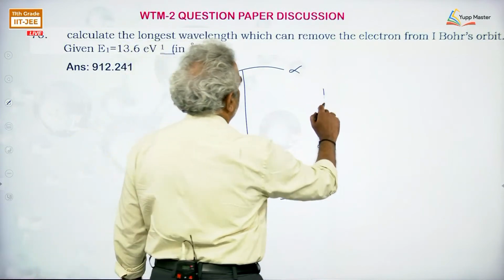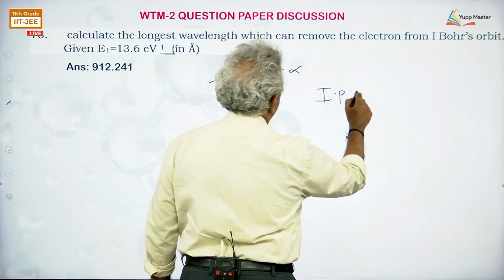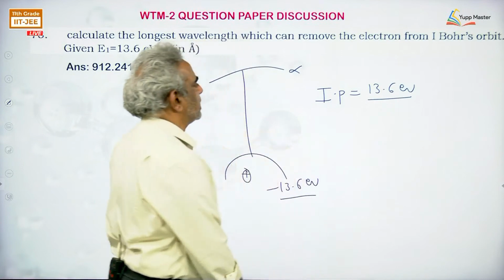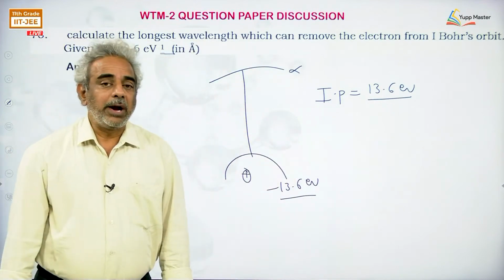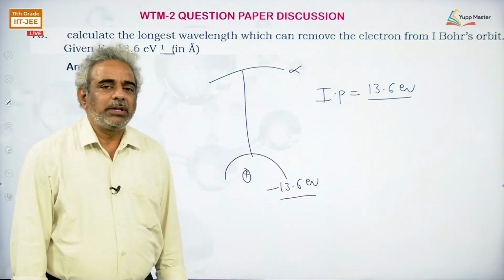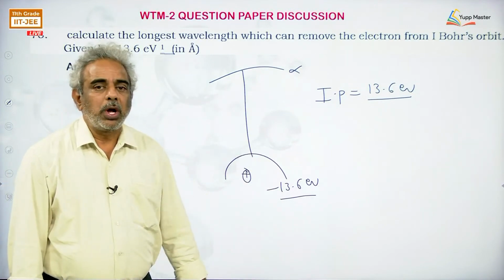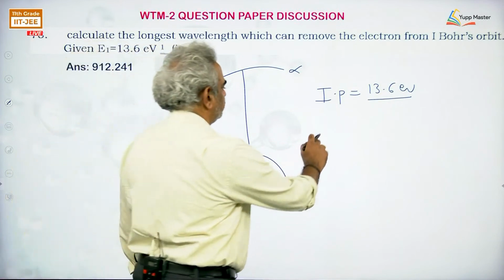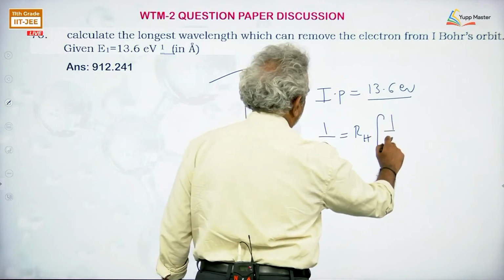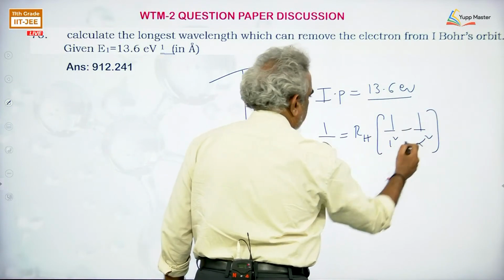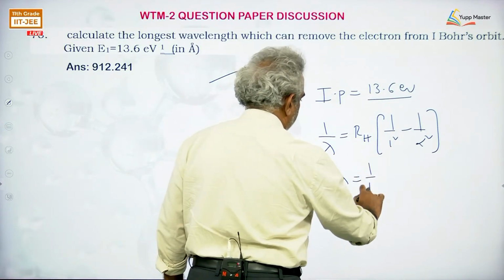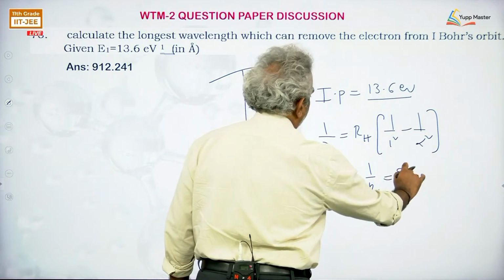So, the energy required, the IP, is nothing but 13.6 electron volts. What is he asking? He is asking the required wavelength. So, the wavelength of this transition you calculate, that is the wavelength of the photon required. So, 1 by lambda is equal to RH into 1 by 1² minus 1 by infinity². So, lambda is equal to 1 by RH, 912 angstroms.